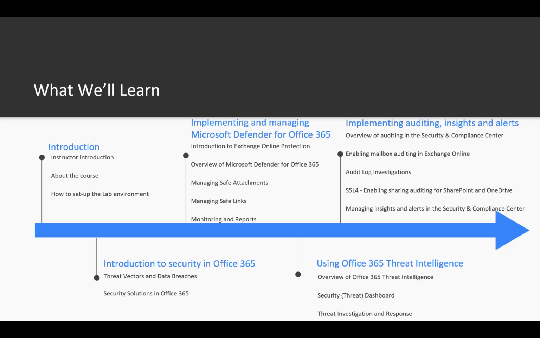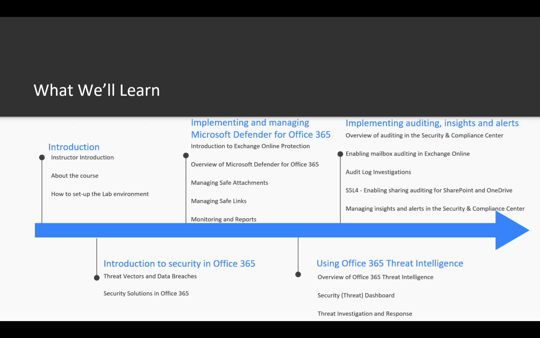Then we'll move on to the next section, where we'll discuss using Office 365 threat intelligence. We'll discuss an overview of the Office 365 threat intelligence, the security dashboard, and threat investigation and response.